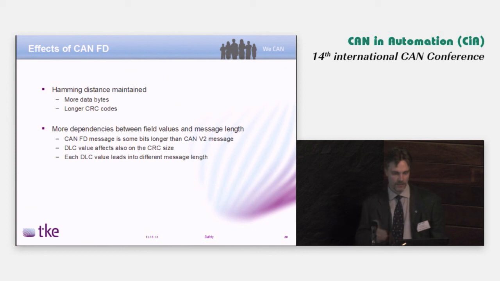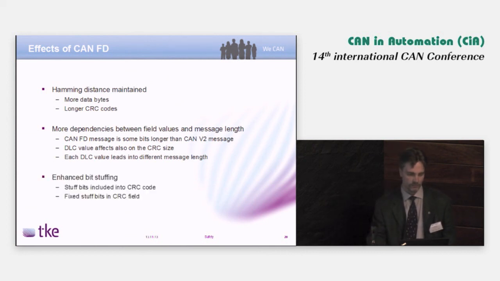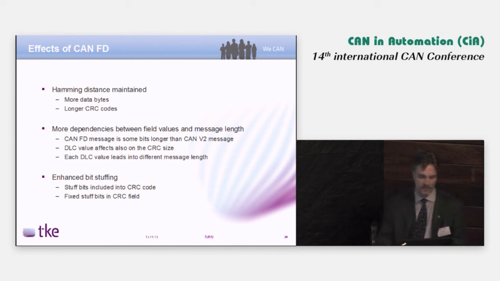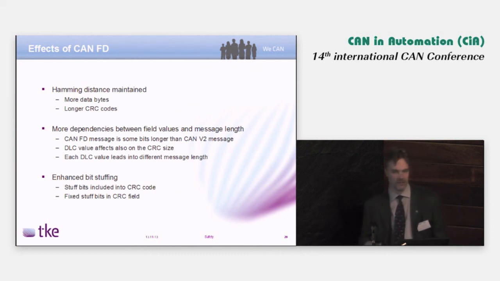It helps a little bit in detection of the failures. And also a small improvement in bit stuffing, because the CRC is computed also over the stuff bits. It gives some improvement, and also the fixed stuff bits in the CRC field provide something better.